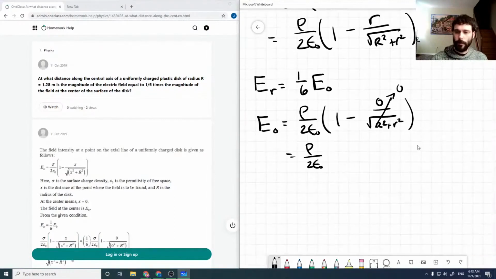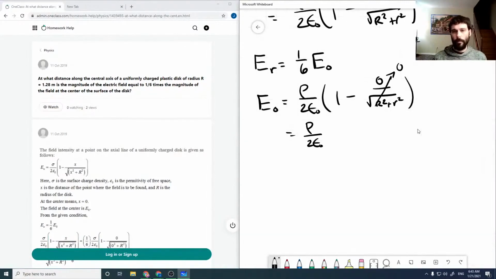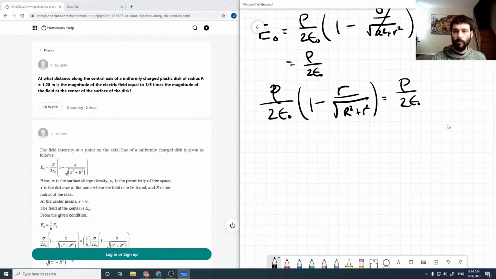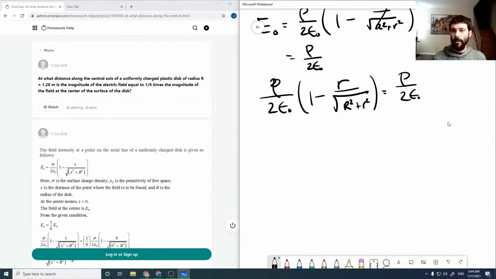So then we're looking for where our E_R, so that's rho over 2 epsilon naught, 1 minus R over root R squared plus R squared, is equal to... Oh, sorry, is equal to 1/6 rho over 2 epsilon naught.